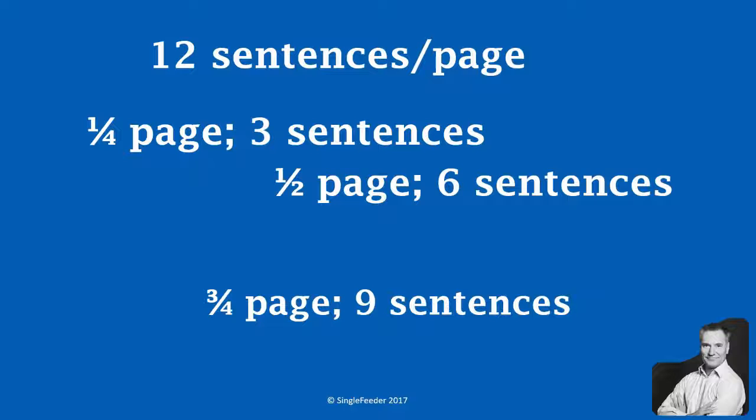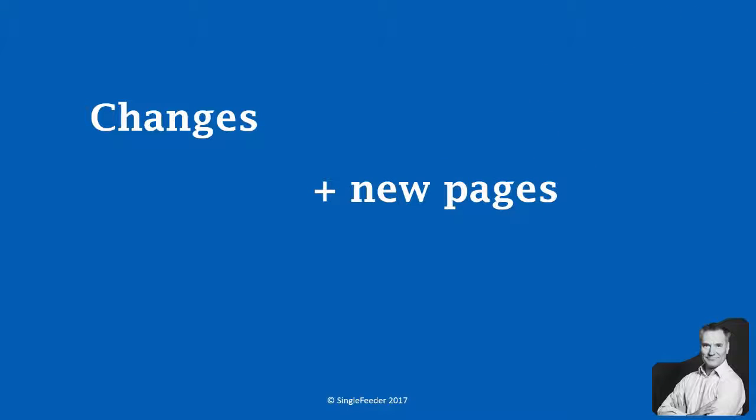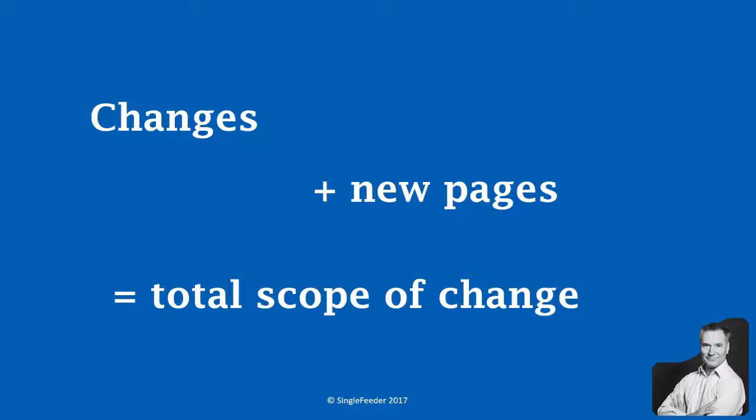Add these figures to the number of pages you created completely new in order to calculate the total volume of change that you've made to your documentation. For this calculation, we assume that you will only change sentences if you want to write new content, which then has to be translated later on.